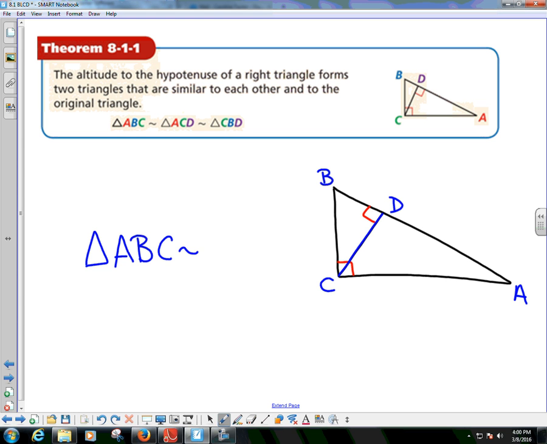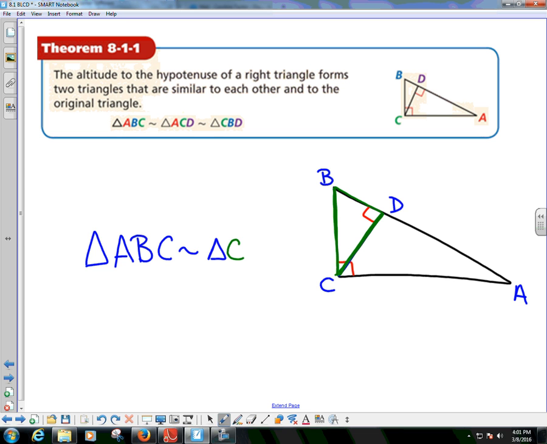So I'm going to go over here and I'm going to find the hypotenuse and the long leg of this triangle. So my hypotenuse is BC right here, and my long leg is this over here, CD.